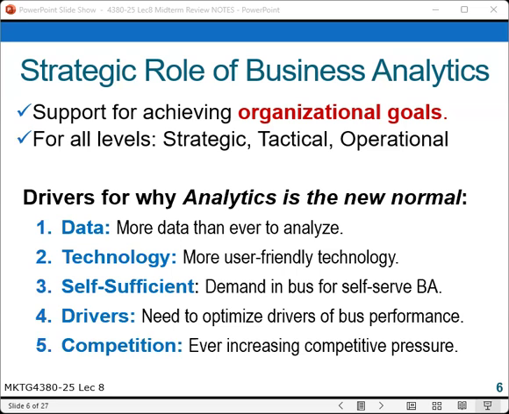And the need to optimize drivers of business performance. So that's basically the need to become more efficient in the way that we run business. So the more you learn about what your costs are and where all your resources are going, you can analyze that with analytics and then make efficiencies where you most need them.